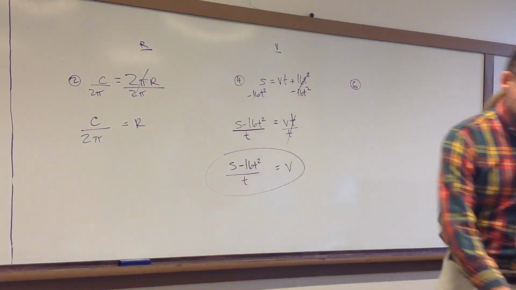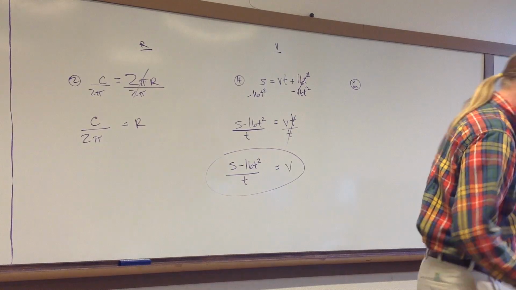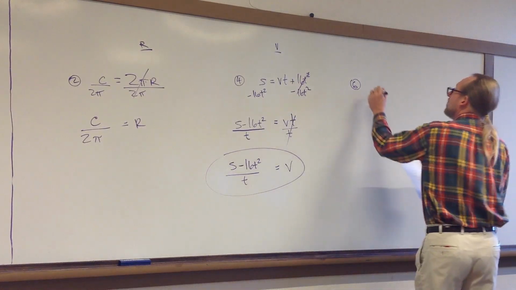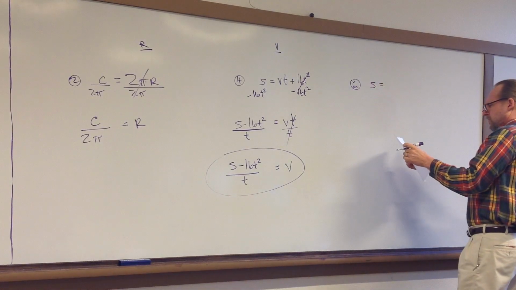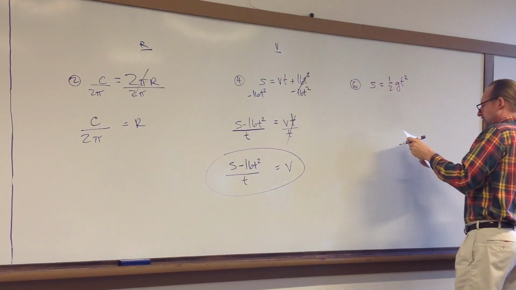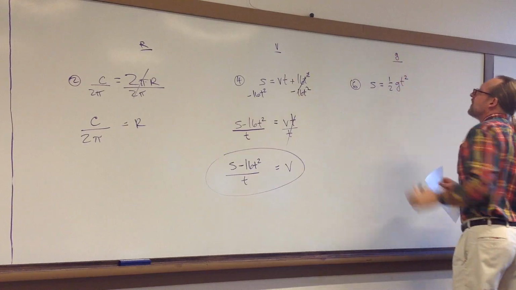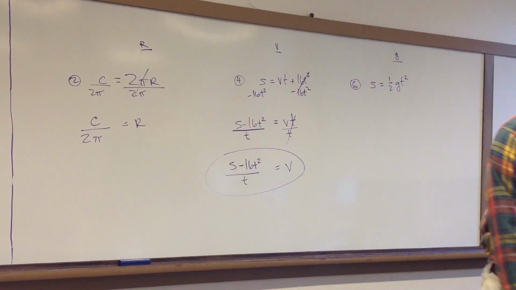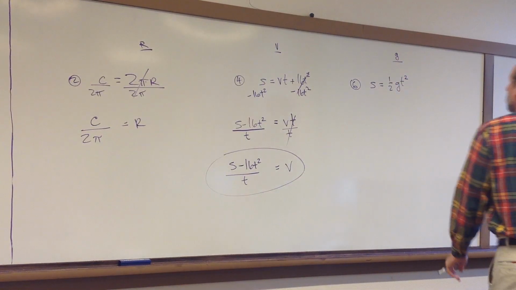Okay, problem 6, what do we have? S equals 1/2 gt squared, and we want to solve for g. Same thing here.